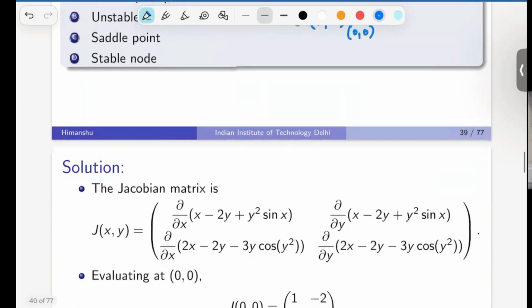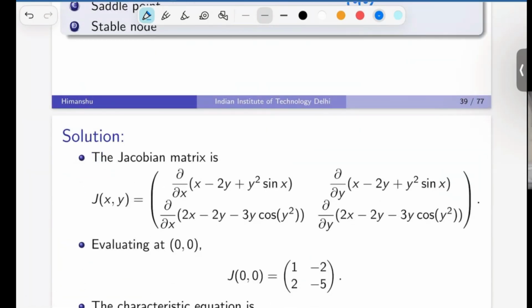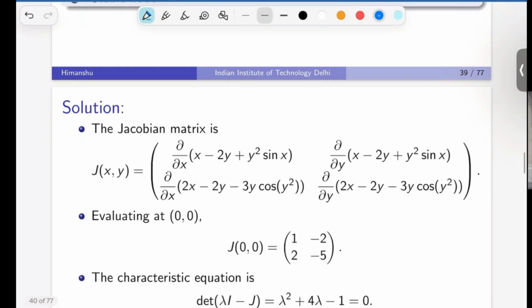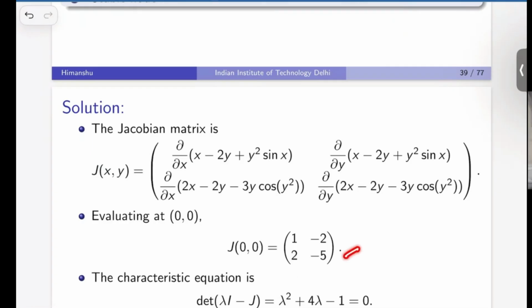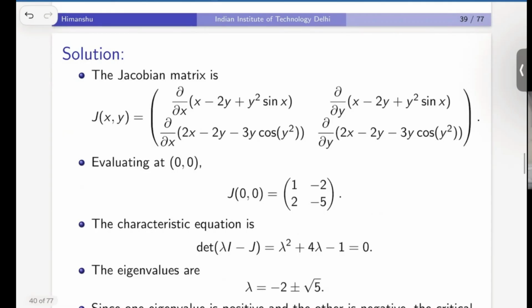So how have we done this? We found the Jacobian at 0, 0. So now we compute the eigenvalues and eigenvectors of this matrix. Here my eigenvalues and eigenvectors are this, right? We know that root 5 is strictly greater than 2.